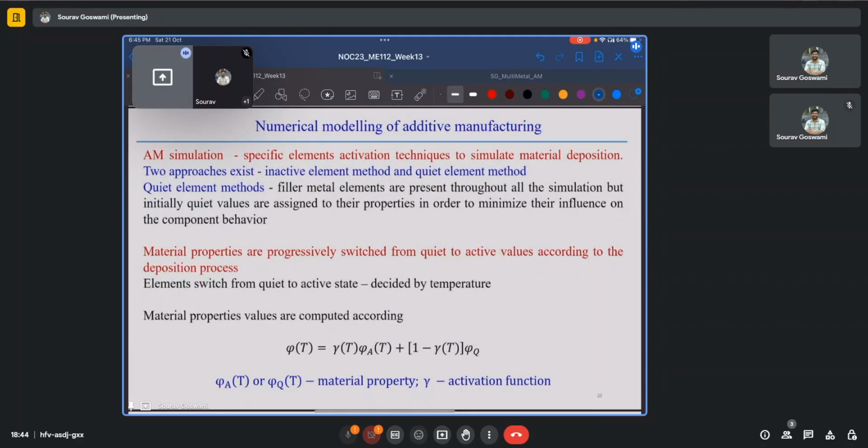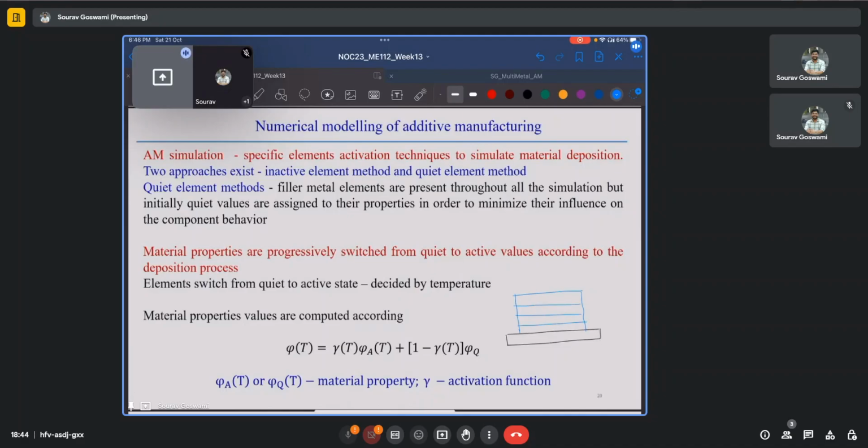Now, as we were discussing, it is not a common practice to model the deposition of the materials directly. Rather, what we resort to is an element activation technique. Say this is a substrate, and on top, we have already defined the final geometry that we are willing to deposit, distributed across a few layers, in this case 4 layers.